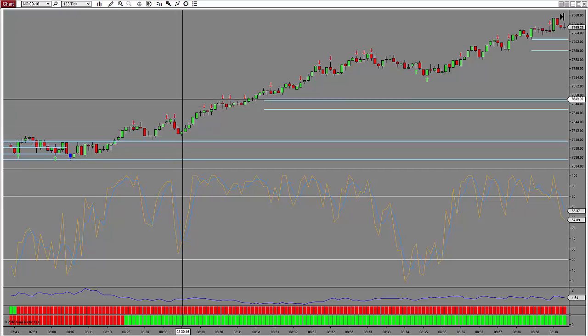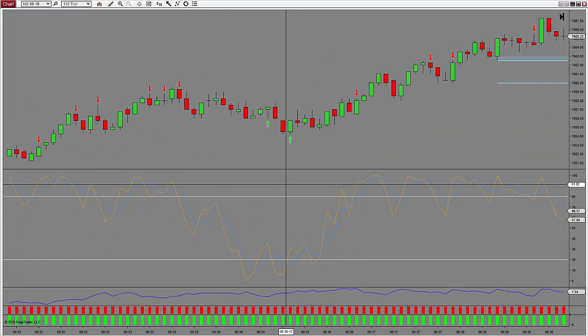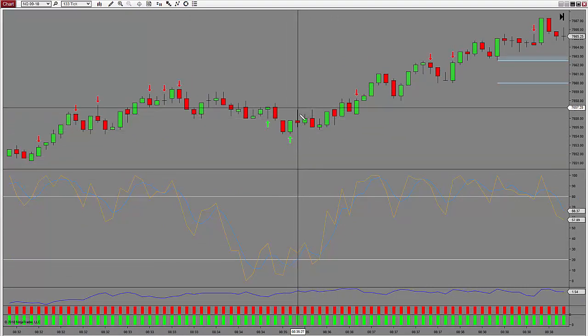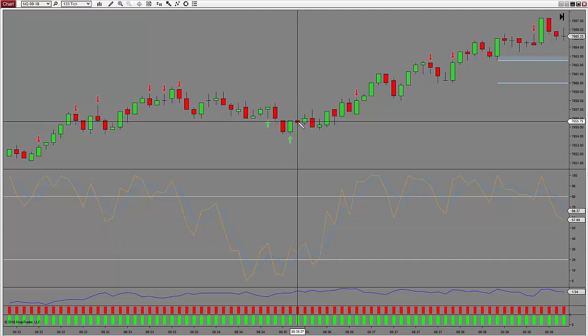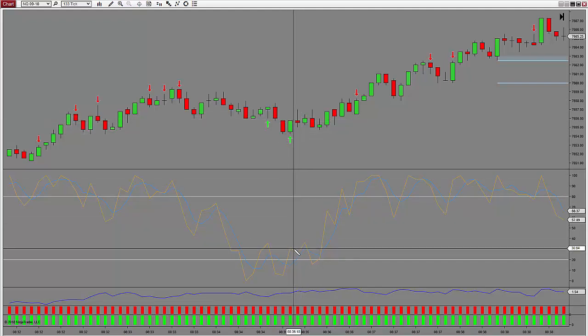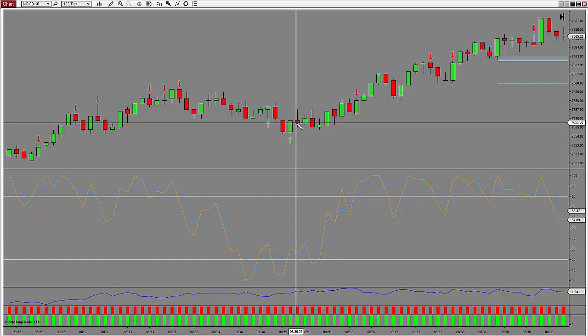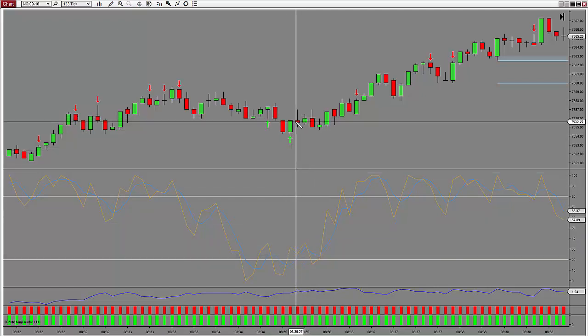So let me blow this chart up a little bit and we'll dig into one. Let's look at this bar right here. At the close of this bar, my stochastic went from 31.53 to 26.51. It was a down red bar, but stochastic did not move that much at the close.